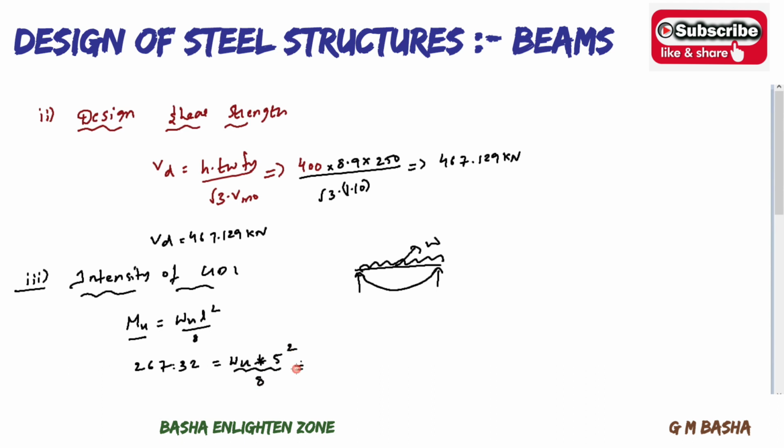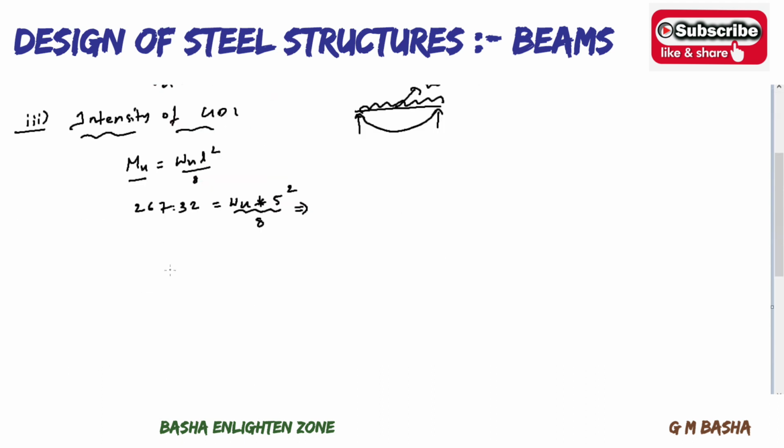If you simplify, you will get the ultimate load Wu equal to 85.5 kilonewton per meter.